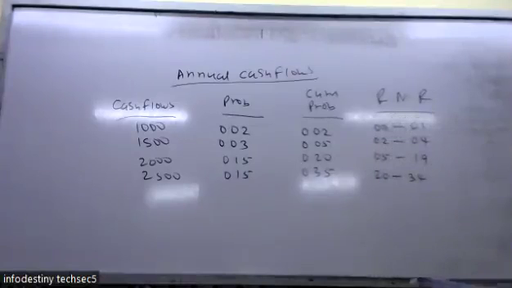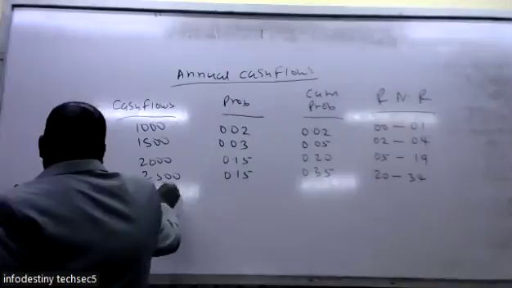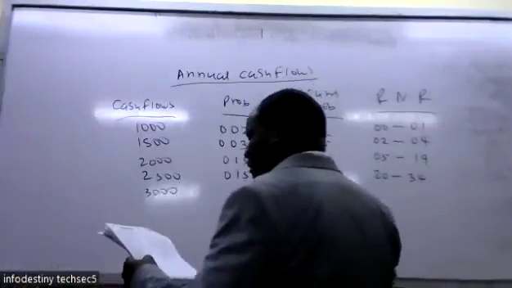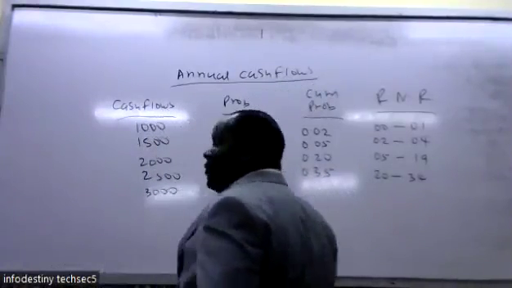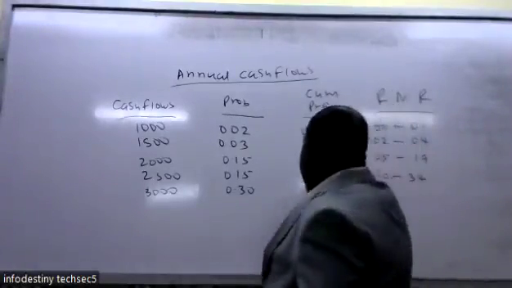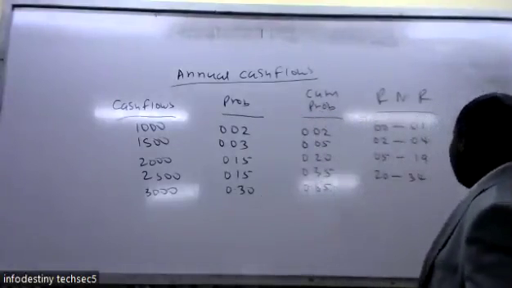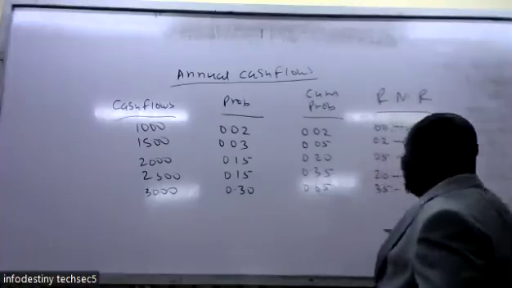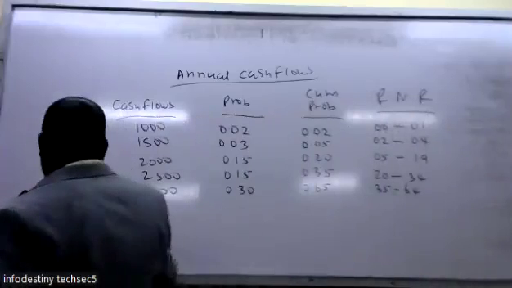Then the next one is meant to be 3,000. The probability is 0.30, so cumulative will be 0.65. So that means the range will be from 35 to 64.